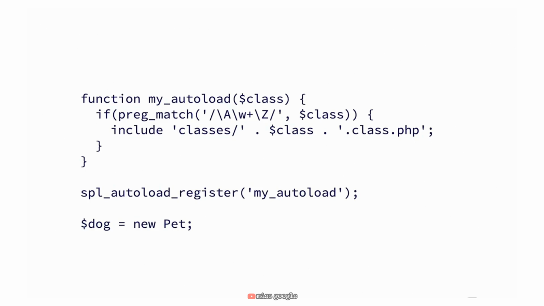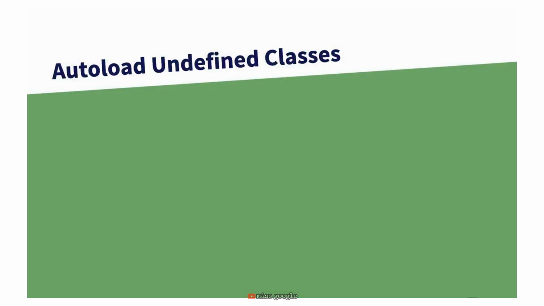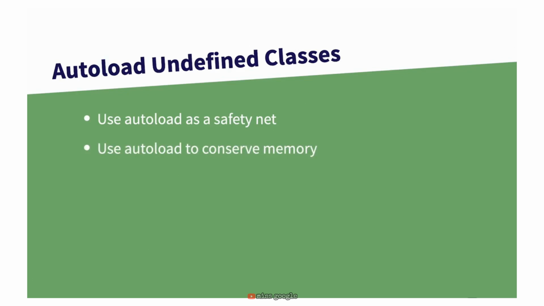There are two ways that you can use autoload. The first is that you can try to load up the files that you need all the time, and just let autoload be a safety net. If you happen to forget, you don't have to worry. You're not going to get an error. Autoload will take care of it for you. The other way to use it is to conserve memory. Let's imagine for a moment that I had 50 different classes in that class file.